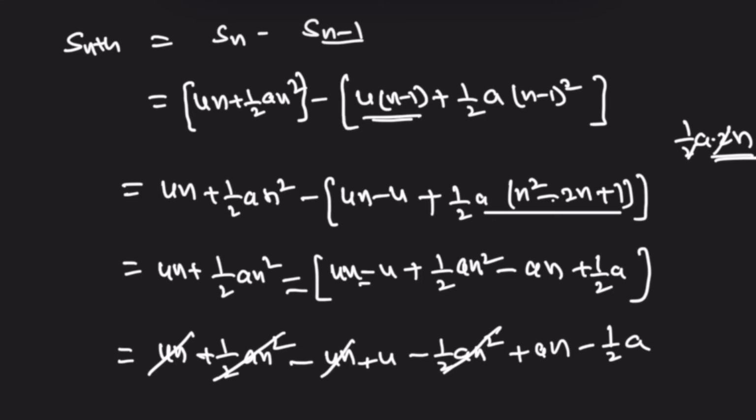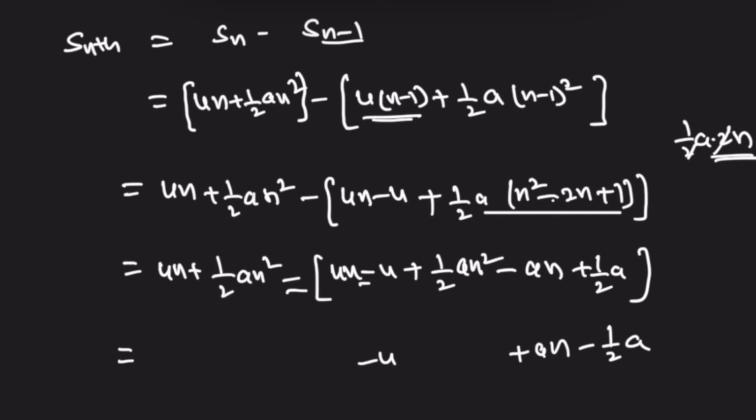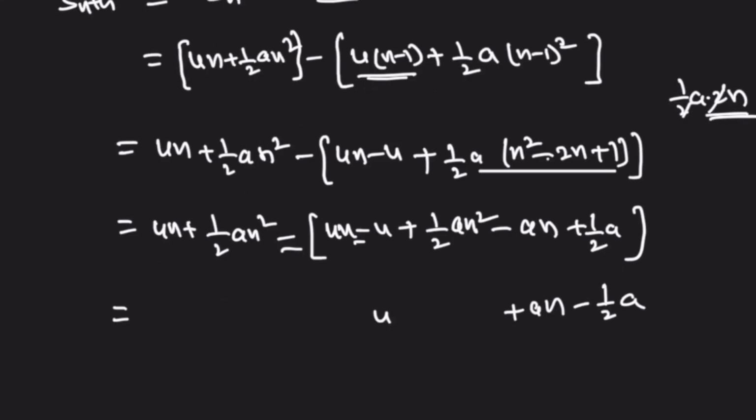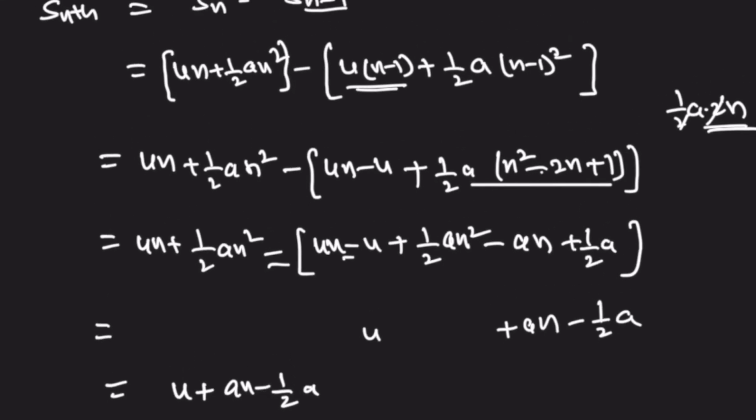Remove all these terms. So these are the remaining terms: u plus an minus half a. So this is Snth.